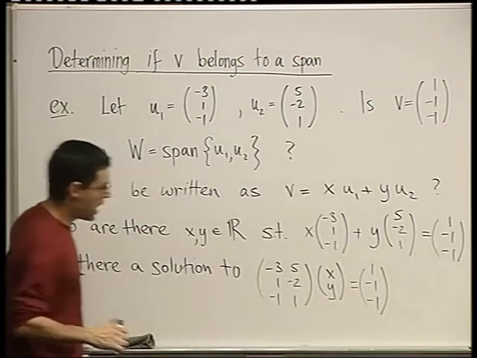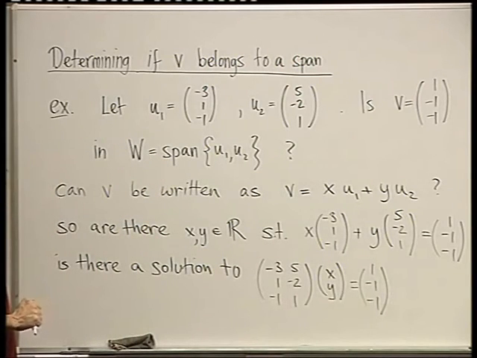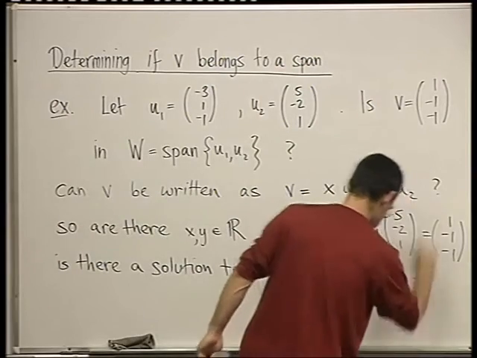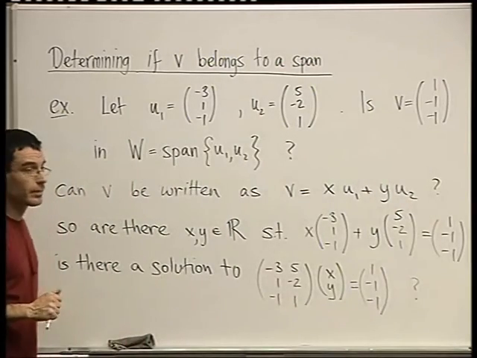Now it's written in Ax equals b form. Do you agree that this is again the same question?